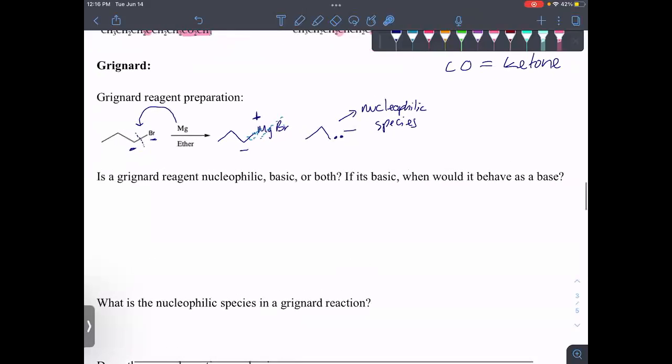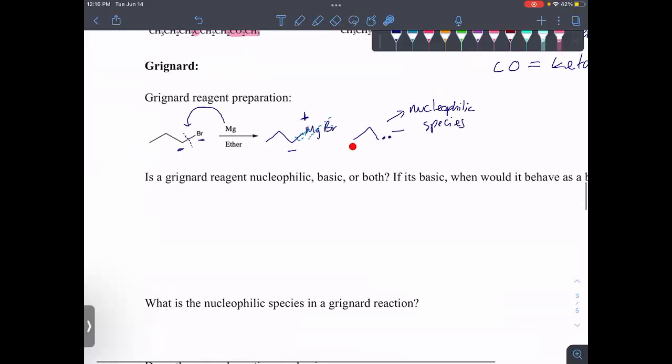So considering that this is the nucleophile, the nucleophilic species that does the attack, do you think this is nucleophilic, just nucleophilic, basic, or both? Why do you think that? I was thinking about that when I was making it, it's so obvious that it's both. But yes, it's both, because remember the thing with bases?